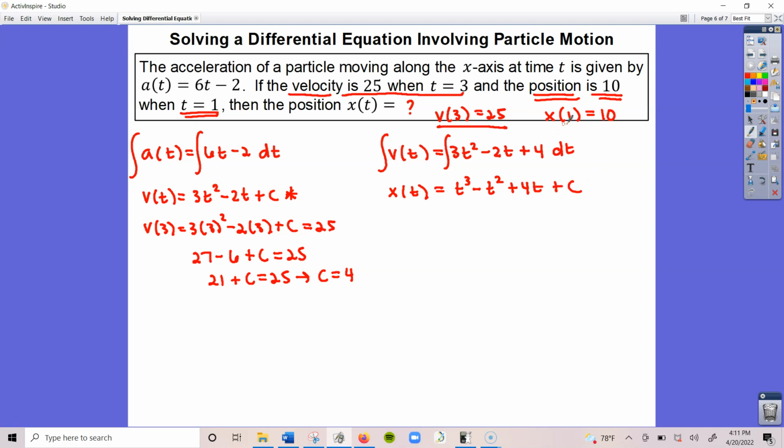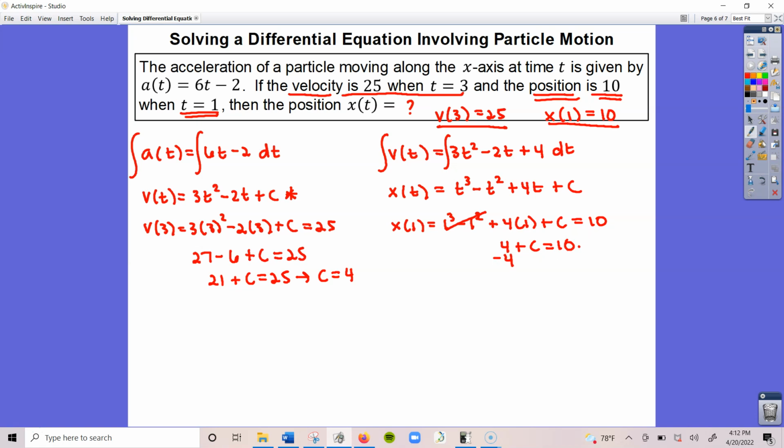I have my initial condition here, so I'm going to plug that in. X of 1 is going to equal 1 to the third minus 1 squared plus 4 times 1 plus c equals 10. 1 to the third is 1, minus 1 squared is 1. This will cancel out. 4 times 1 is 4 plus c is 10.